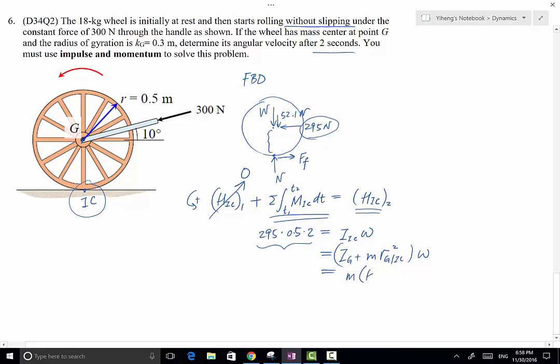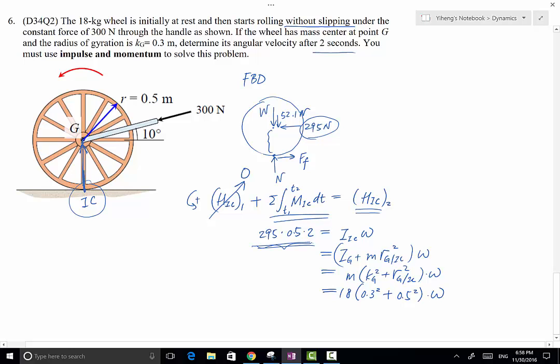So this is m k_G squared plus r_G/IC squared, times omega. m is 18 kilogram, k_G is 0.3 raised to the second power, r_G/IC is this vector right here, and this is 0.5, which is the radius of the wheel, times omega.